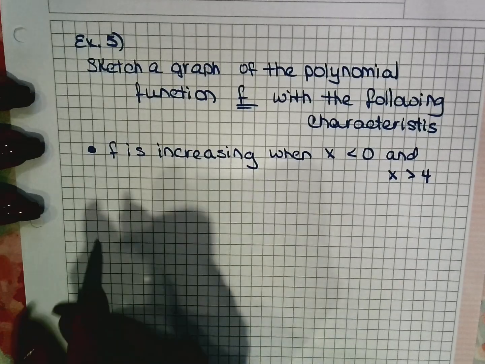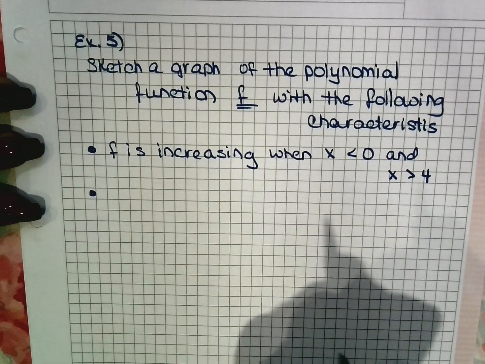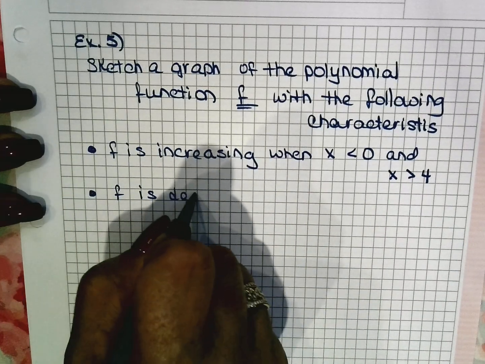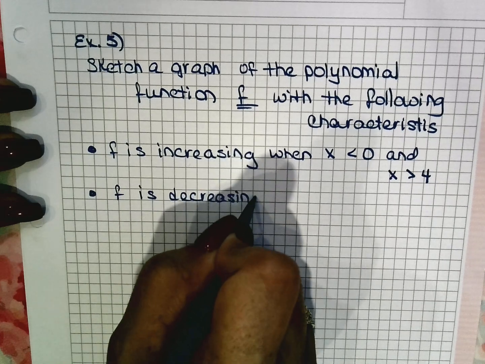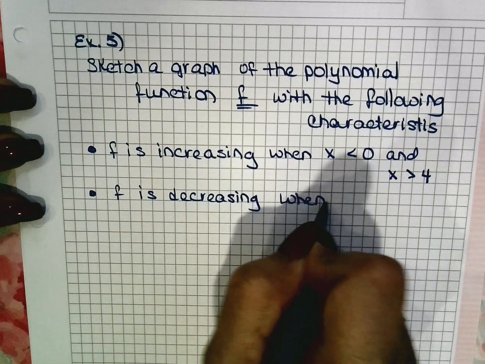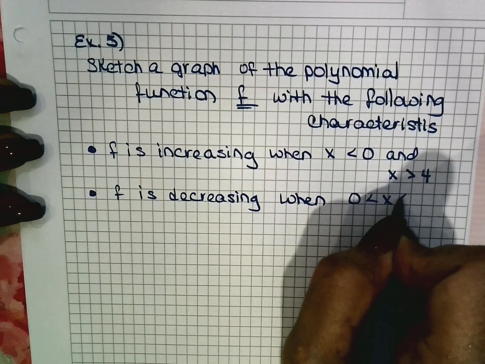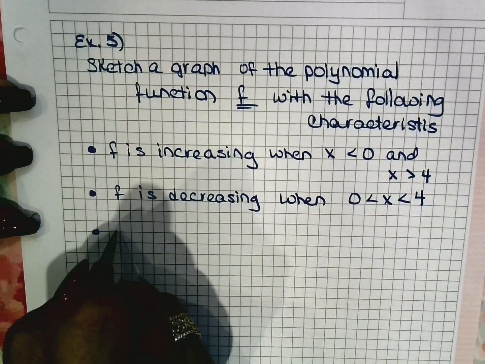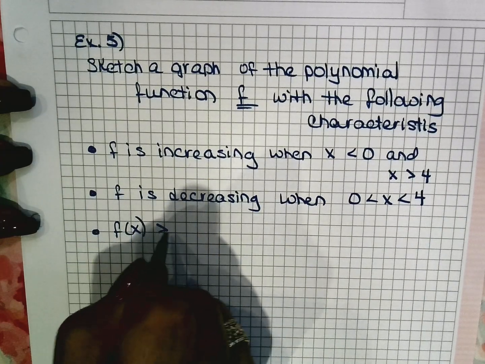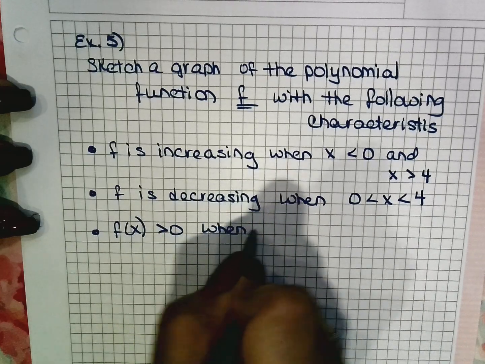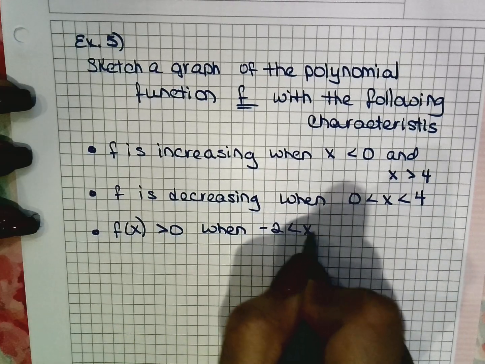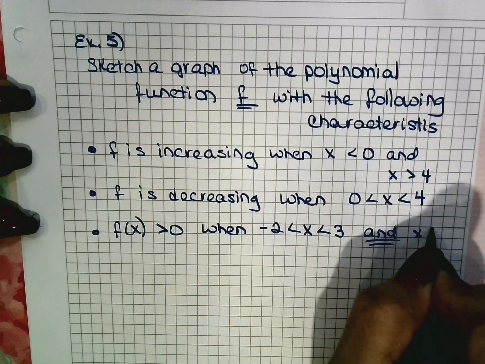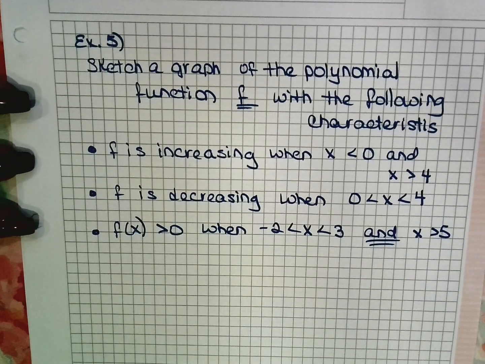All right, so that's a little tidbit. It's like little clues they're giving you, and then you have to figure it out. F is decreasing when 0 is less than x, which is less than 4. Okay? Clue number 3. F of x is greater than 0 when negative 2 is less than x is less than 3 and x is greater than 5. Okay?